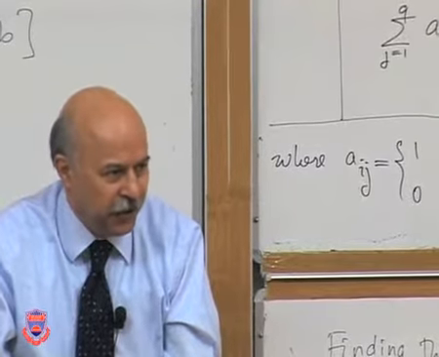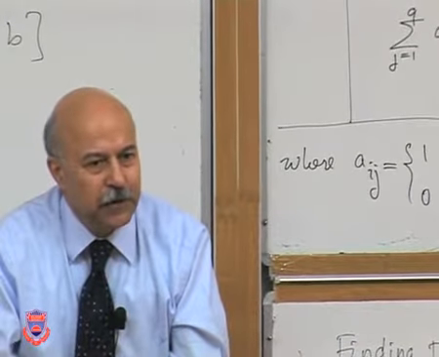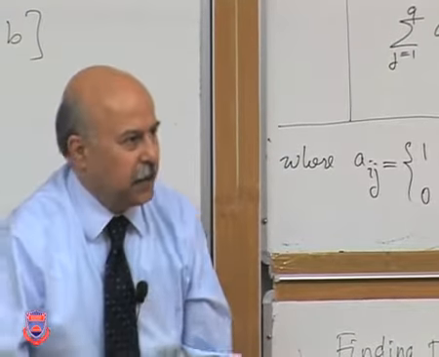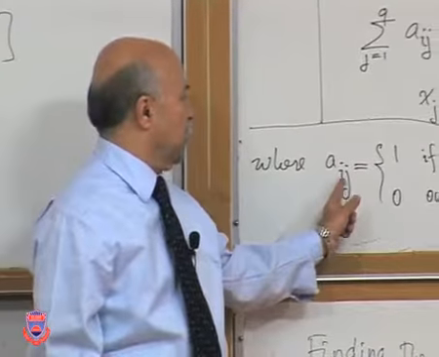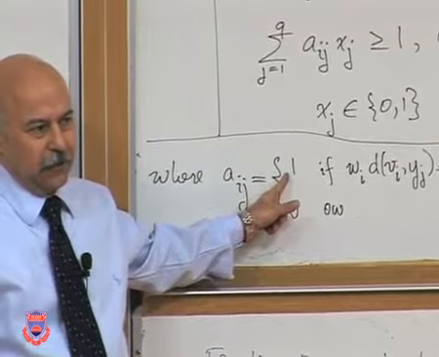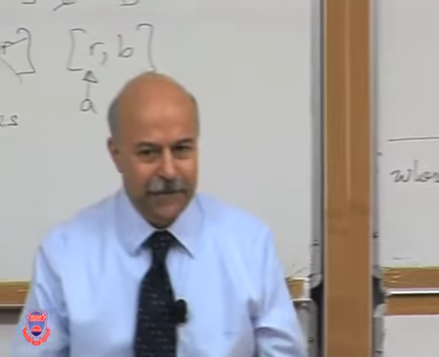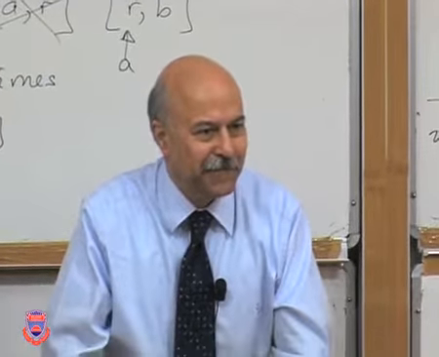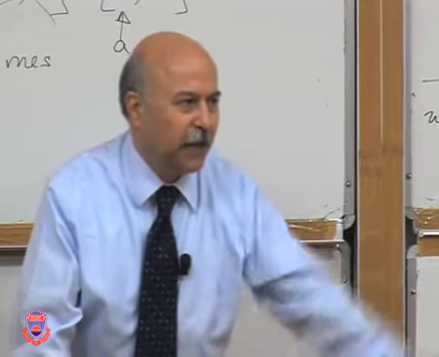Too large, too large. So, now what Minieka proposes is, in that case, he simply erases certain aij's that used to be 1. He makes them 0. Which ones do you think? And then he will resolve the problem. Think of the unweighted case.